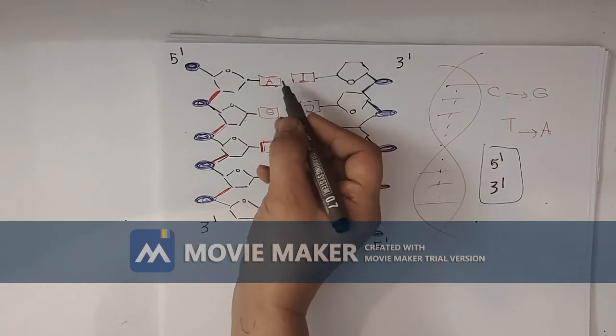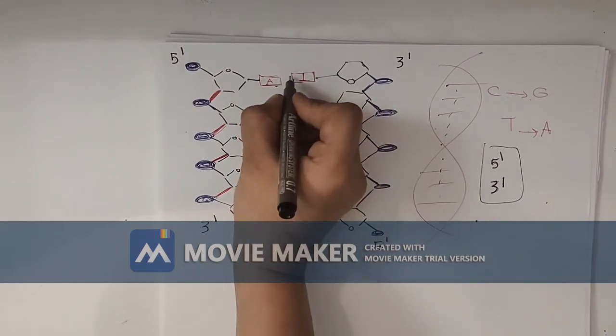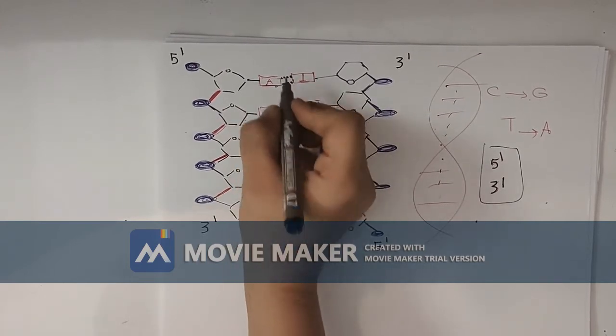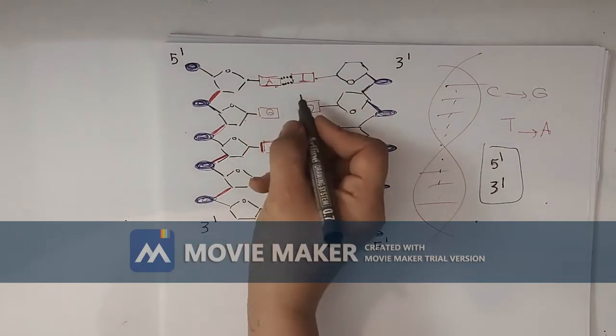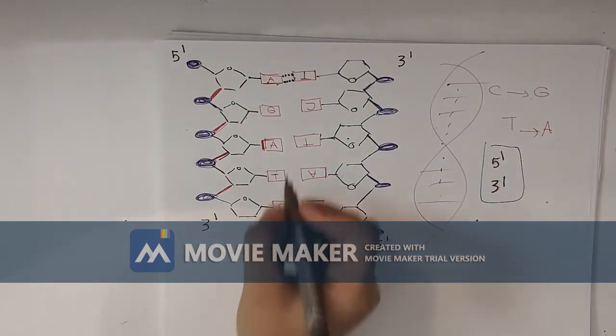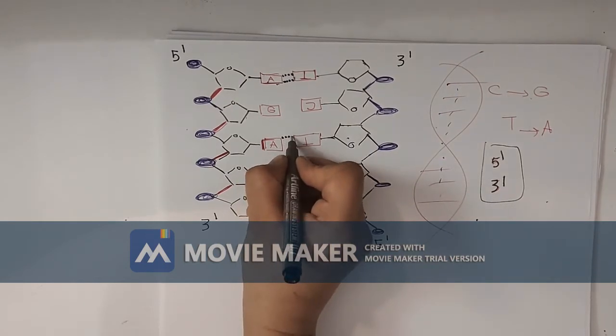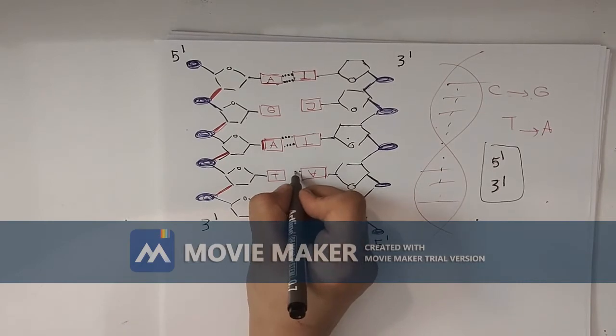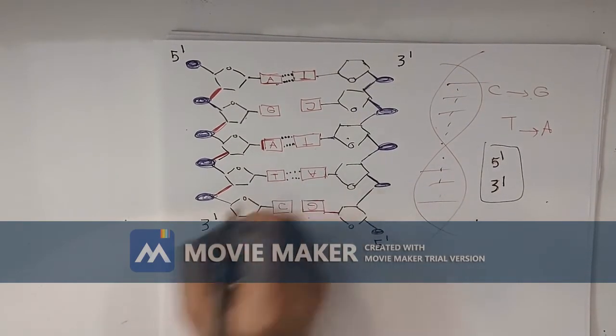You can see we have two hydrogen bonds. I showed it like this. So there are two hydrogen bonds between A and T, adenine and thymine. Between these adenine and thymine also we have two hydrogen bonds. Here also we have two hydrogen bonds.